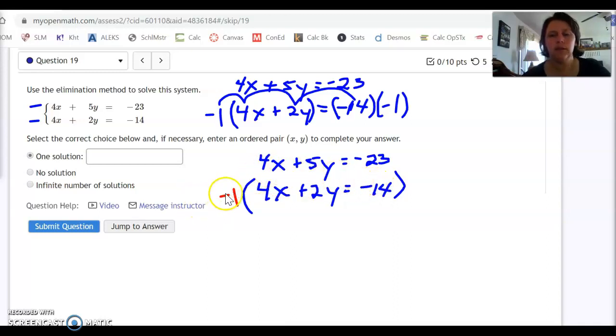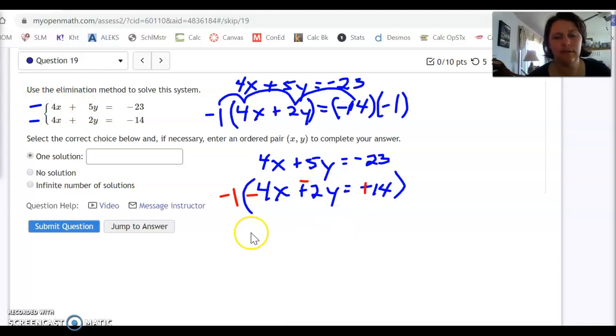Negative 1 times 4 is going to make it negative 4x. Negative 1 times 2 is going to make it a negative 2y. And the negative 1 times the negative 14 is going to make it a positive 14.